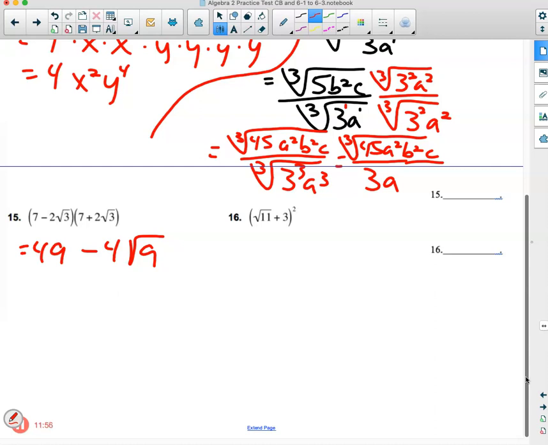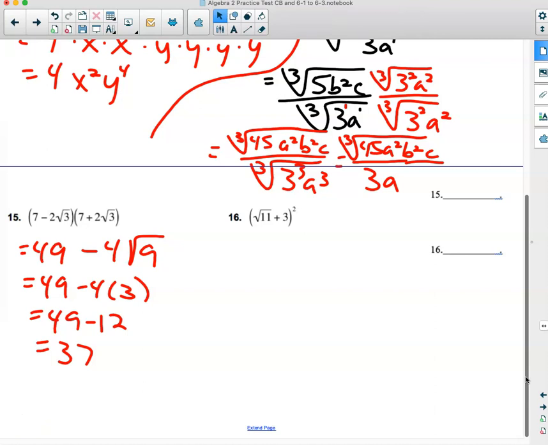Square root of 3 times square root of 3 is square root of 3. No, square root of 9. Then we change it, and we keep rocking it out. Remember, that sum and difference pattern is supposed to give you a nice rational number. In this case, an integer. So it should work out perfect. Sum and difference.